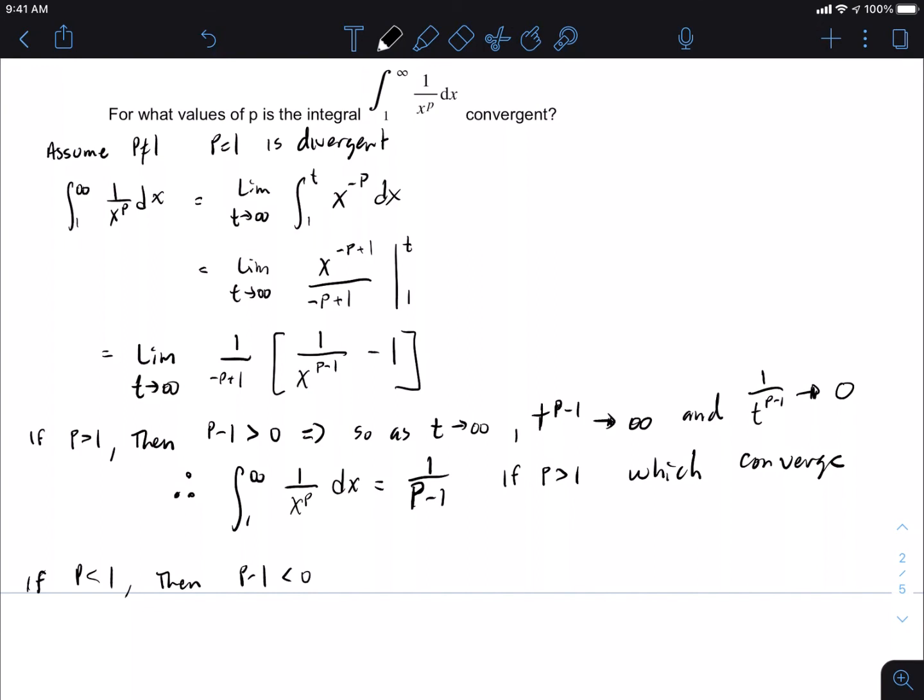Okay, so then from here, 1 over t to the p plus 1, isn't that equal to t to the 1 minus p? Yes. Okay. And where would that go as t goes to infinity?